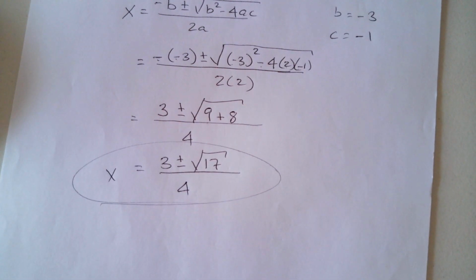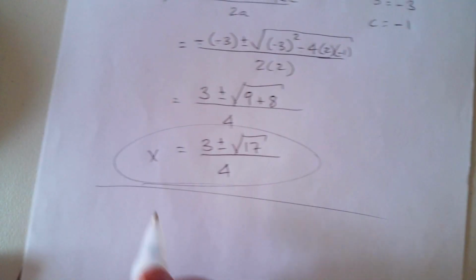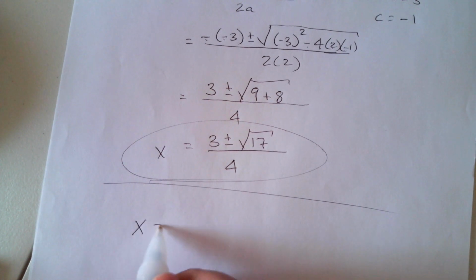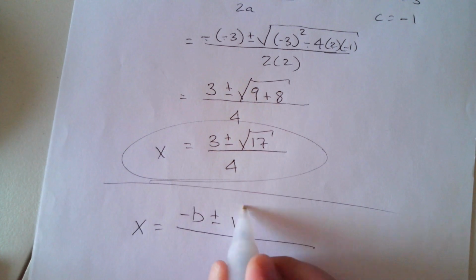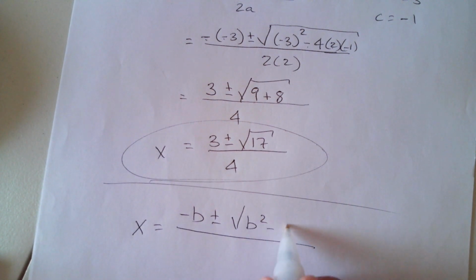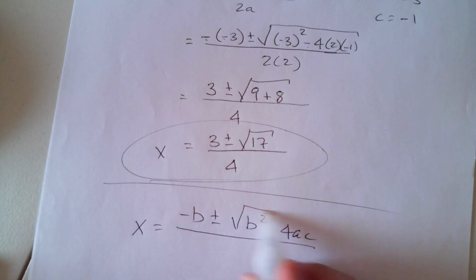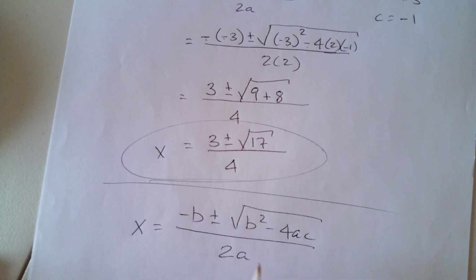Those are your two answers. That's the quadratic formula: negative b plus or minus the square root of b squared minus 4ac over 2a.